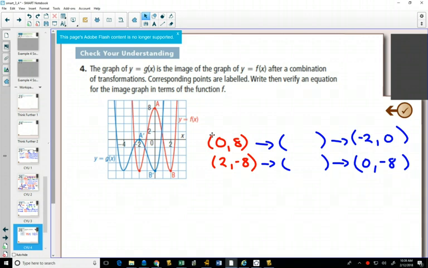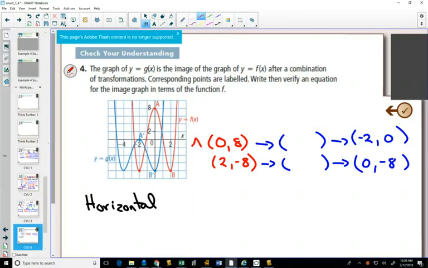And so on Friday, when I showed you that later on we're going to be looking at this in a more complicated way, this is that situation, where we're first going to look at comparing point A and B. What's the horizontal distance between point A and B? And then comparing our new horizontal distance between our new points A prime and B prime.